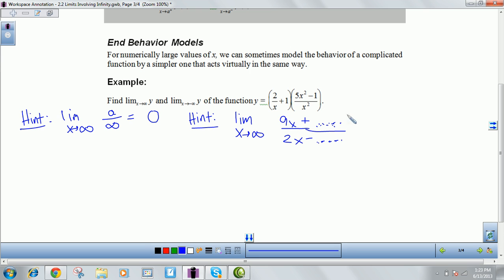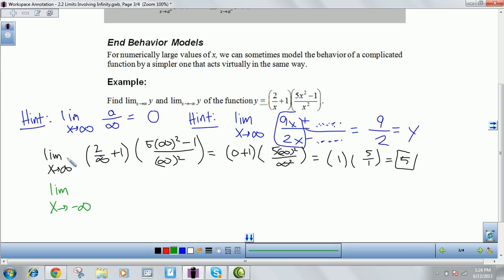You just want to know what it's doing way the heck out to the right and way the heck out to the left. In this case, it's positive infinity, so it's way the heck out to the right. When you plug positive infinity in there, you notice the top and bottom are growing at the same rate. And if you take just the leading coefficients, it simplifies down to 9/2, and so then that's the limit. So 9 times infinity over 2 times infinity is just 9/2. And that is your horizontal asymptote. So there's your hint. Now go ahead and try this one on your own.